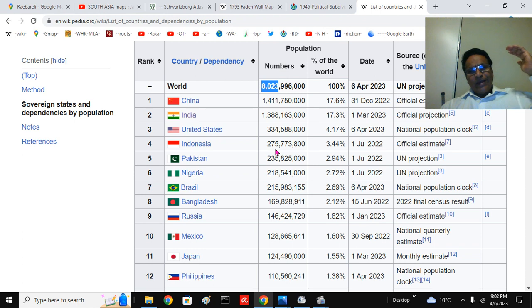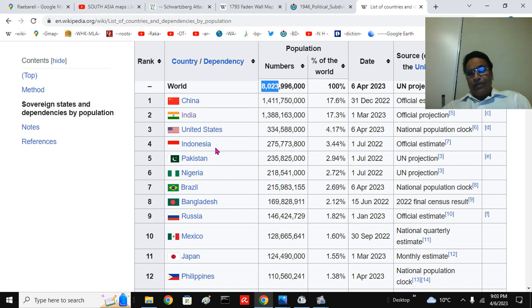If you take the national states and sub-national states, that means provinces, states like that, the sixth position will be the United Provinces on planet Earth with 240 million people. If you add Uttaranchal, it will be 250 or 260, pretty close to Indonesia. That is the fifth largest most populated subnational state on planet Earth.